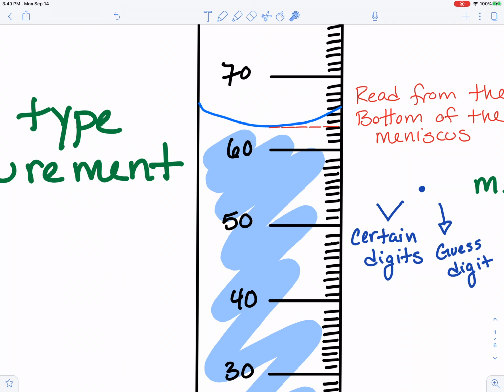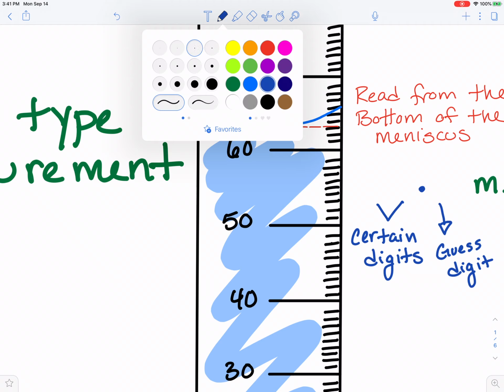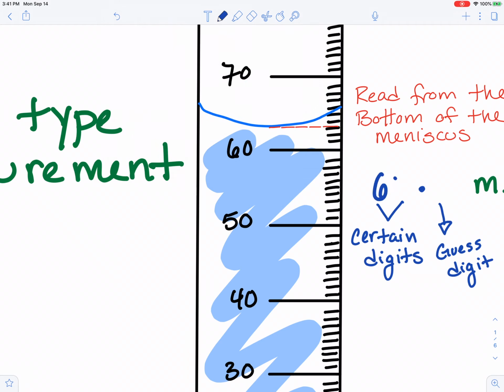If I'm looking at this, I can see that I have a calibration marking for 60, and then technically this is a marking for 61, 62, 63. So 63 are my certain digits. I can see those marked on my actual tool. So 63 is what I know for certain.